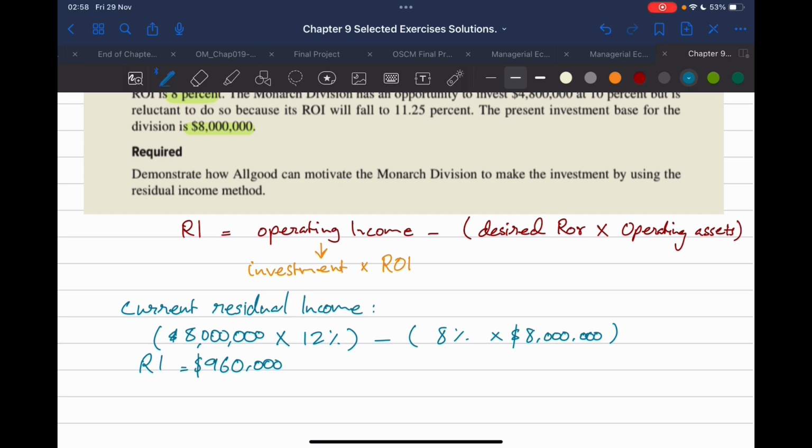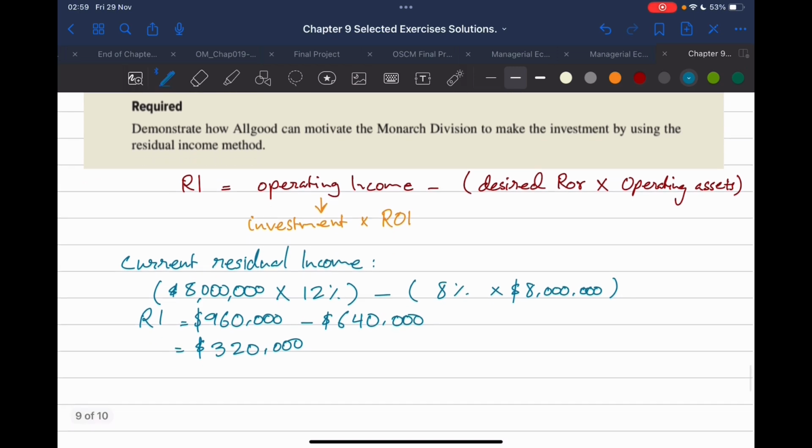Residual income equals 960,000 minus 8 million multiplied by 0.08, and that would be 640,000, which means the current residual income equals $320,000. We got this out of the way.